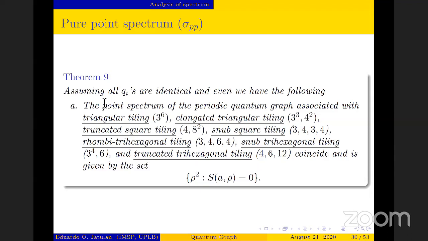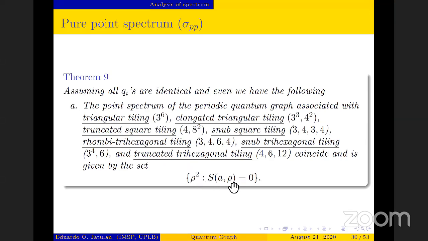So we have the following for the pure point spectrum. The triangular, elongated triangular, truncated square, snub square, rhombitrihexagonal, snub trihexagonal, and truncated hexagonal tilings all coincide and are given by this set.